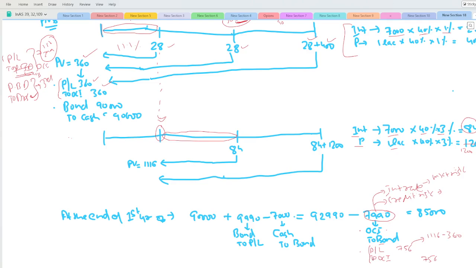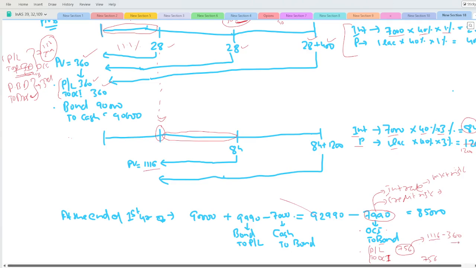So that's why you are passing the entry P&L to OCI. And how much is it? 756. And how is this coming? Since 1116 is this amount, and 360 is what you have already taken at the inception. So this minus this, it is coming 756.